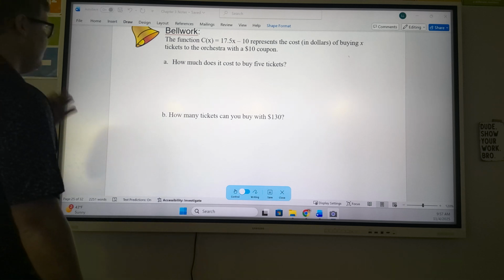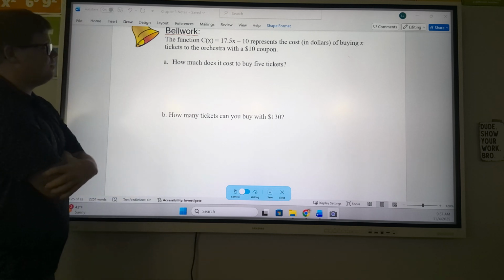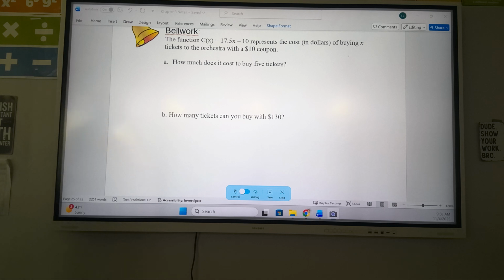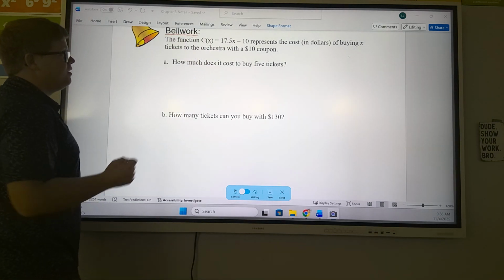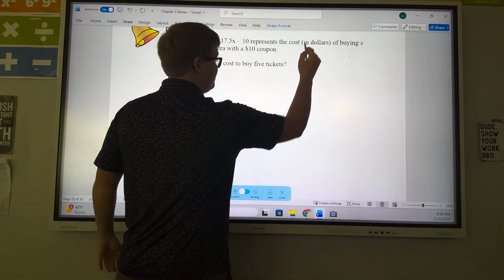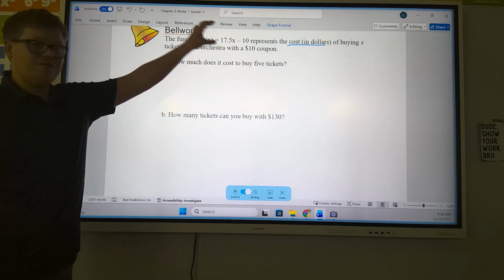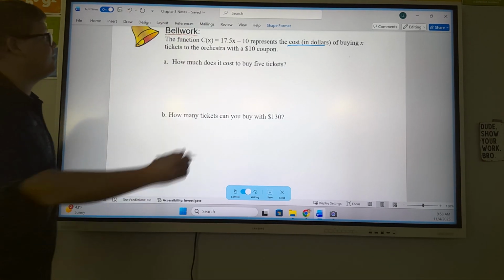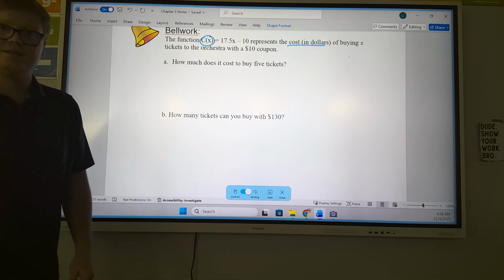Okay. So we see that the function c of x equals 17.5x minus 10 represents the cost in dollars. So the part that we're focused on right now, the function, which is c of x, represents the cost in dollars. Since we know the entire function represents the cost in dollars, that means c of x is going to be our cost in dollars, right?